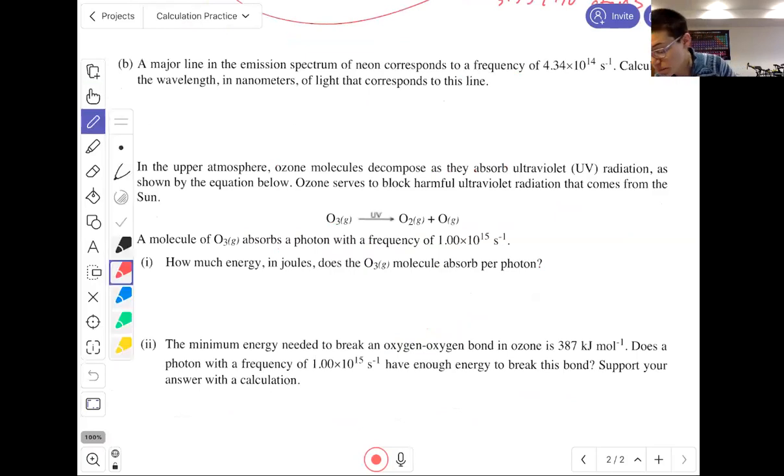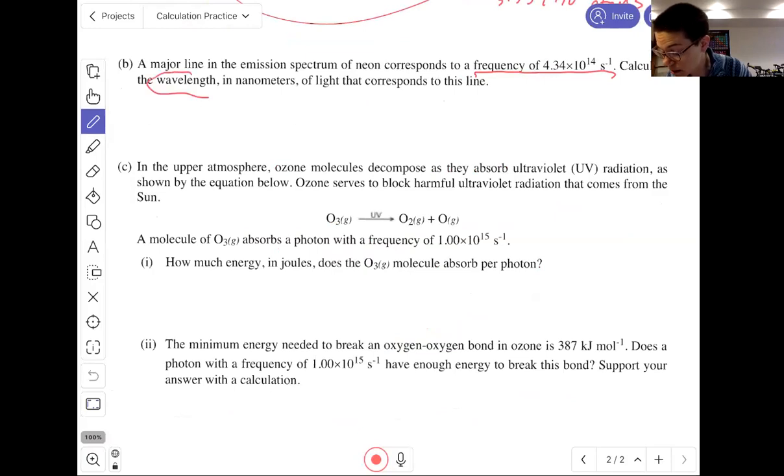Okay, so B says a major line in the emission spectrum of neon corresponds to a frequency of this. Calculate the wavelength in nanometers of light that corresponds to that light. So if you look on the other side, which of my formulas do I need to calculate wavelength if I have frequency?